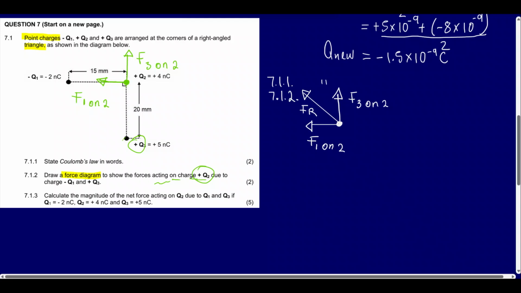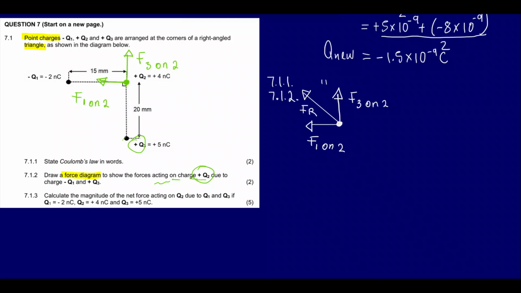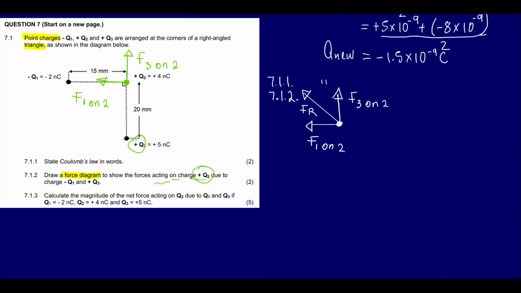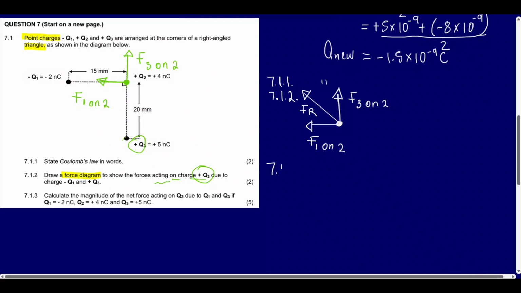Which now we can talk about the direction, and we can talk about the magnitude of the resultant force. For now, that's all on that question. That is the vector diagram drawn there. You have to imagine yourself as the charge and look at which directions you're going to go due to the other charges. Good.